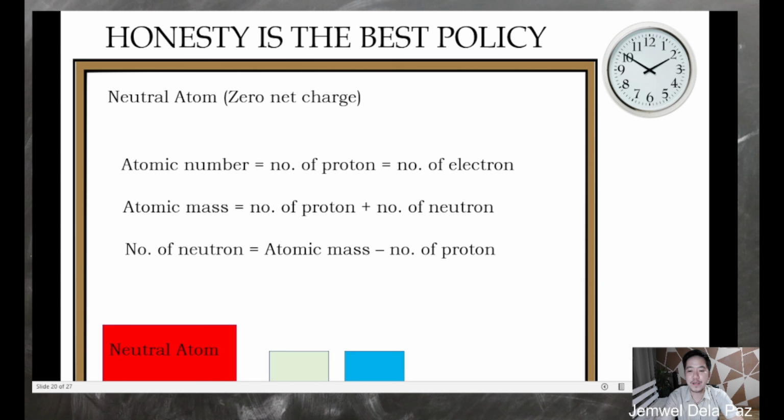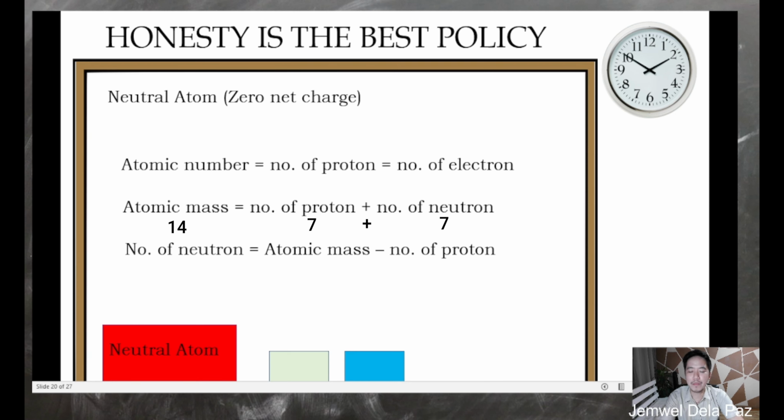Therefore, whatever the atomic number of a neutral atom is, that is also the total number of protons and number of electrons. If the atomic number is 10, therefore we can say that the total number of protons is also 10 and the number of electrons is also 10.